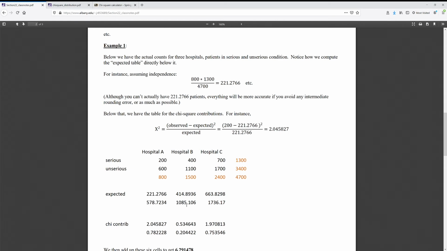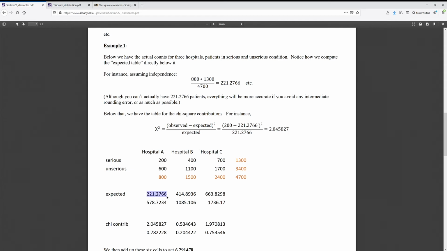So from that, we can figure out the chi-square contribution, cell for cell. Here is our observed count, 200. Here is our expected count, 221.2766, rounded a bit.